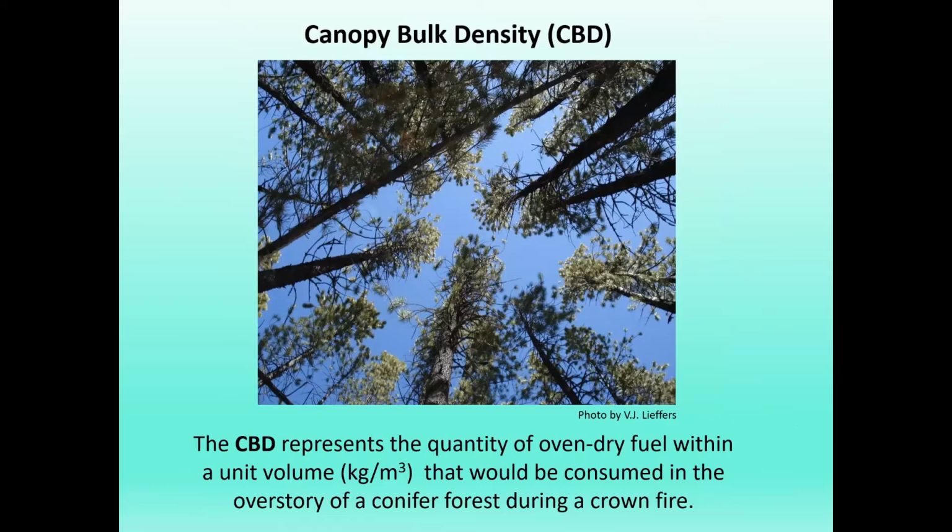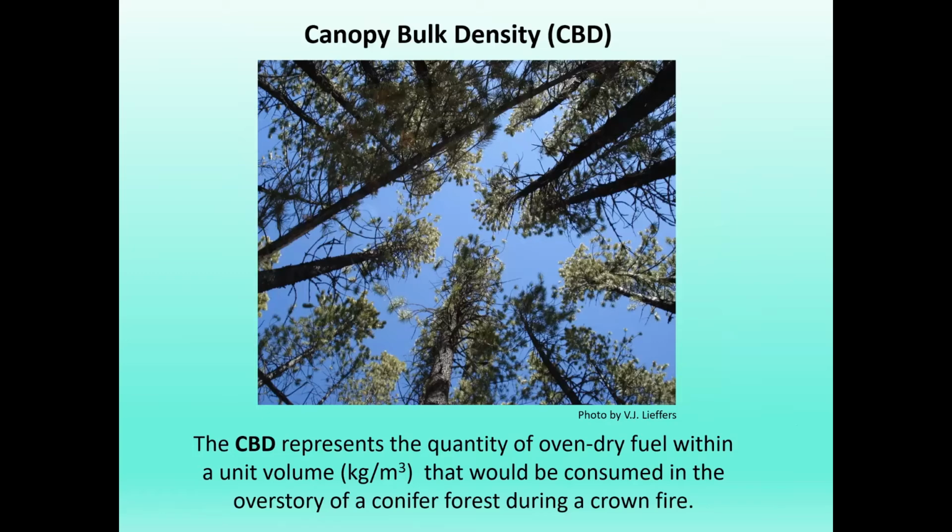The canopy bulk density represents the quantity of oven-dry fuel within a unit volume that would be consumed in the overstory of a conifer forest during a crown fire. Canopy bulk density is typically expressed in kilograms per cubic meter.